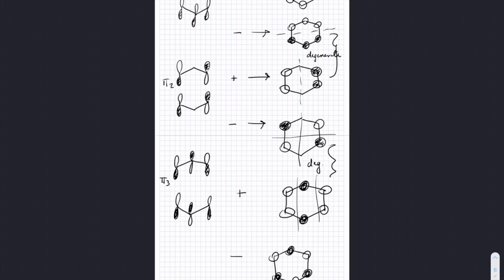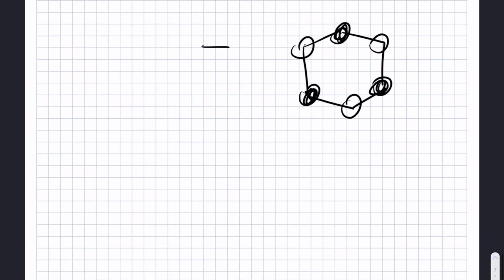Now, a fun exercise might be for you to generate MOs for acrolein, which is this enone, using the group orbitals from ethylene and from formaldehyde, and just do the pi system. Knowing what you know about oxygen's electronegativity, see if you can determine where most of the LUMO should be.